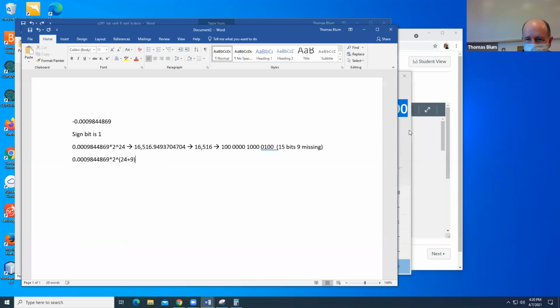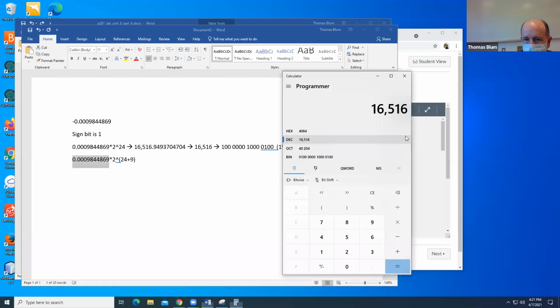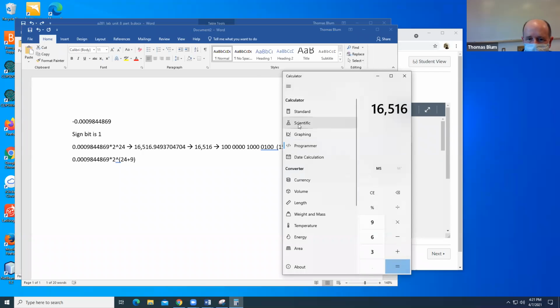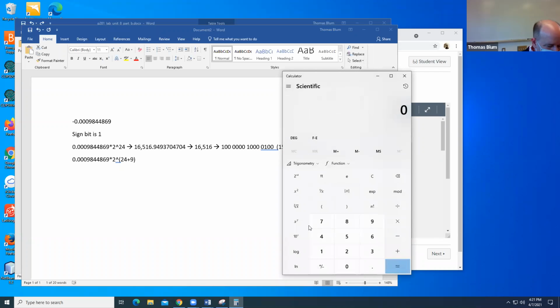Now I'm going to take my number back to scientific and multiply that by 2 raised to the parentheses, my 24 and the 9 I was missing. And here I have my number.